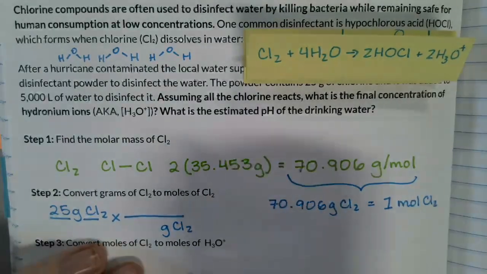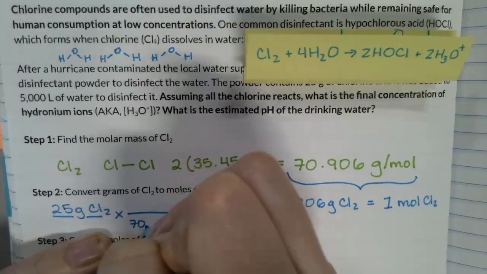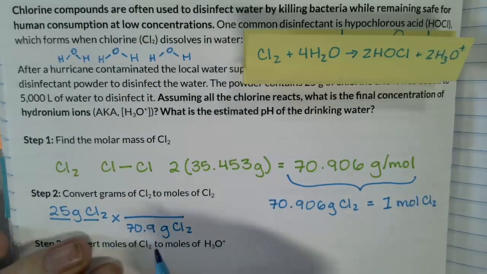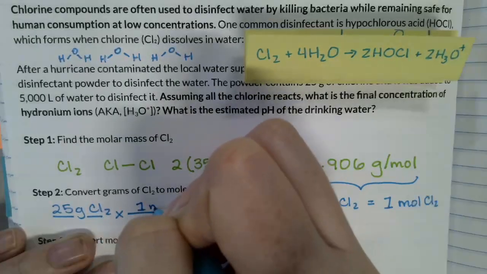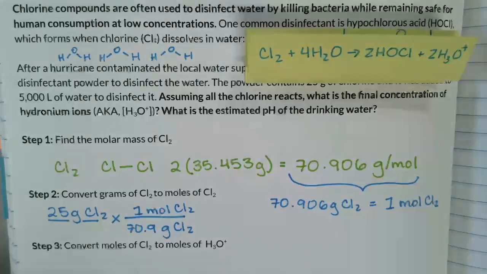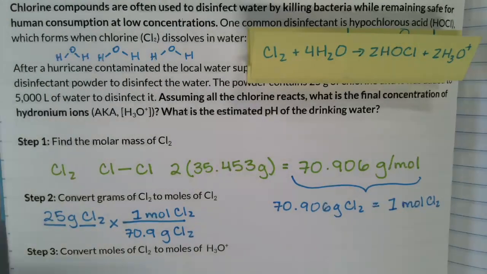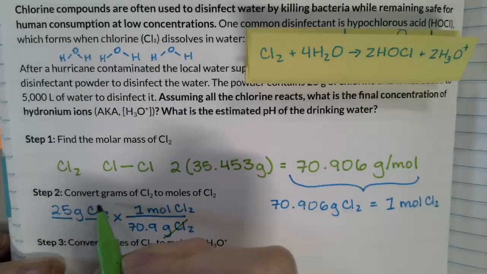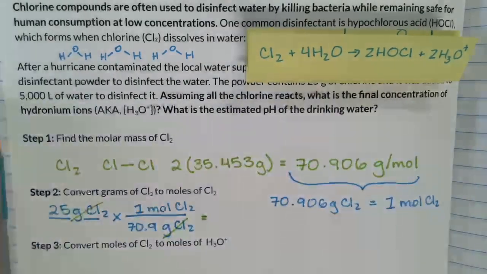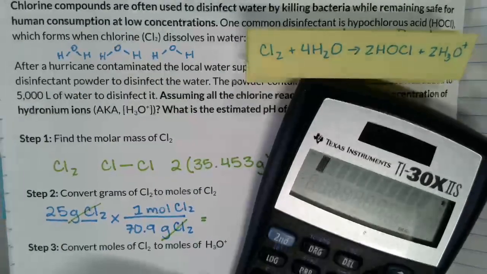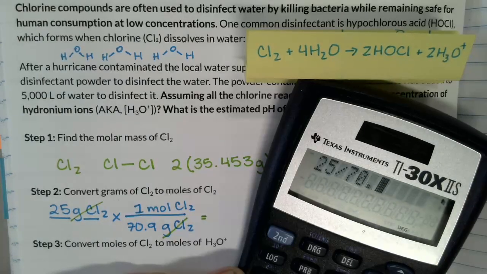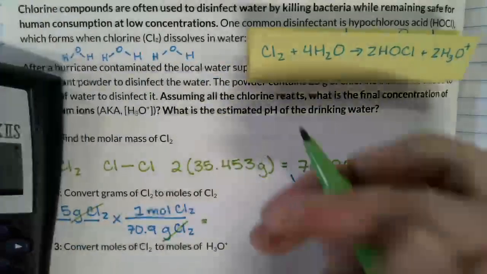So we can put 70.9, I'm rounding now because I ran out of space, and 1 mole. And the grams will cancel out, grams of Cl2, grams of Cl2, and that will leave us with moles of Cl2. And let's do that math. 25 divided by 70.9. They gave us 0.3. That's what I got.